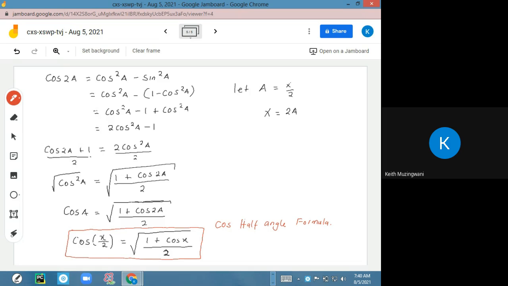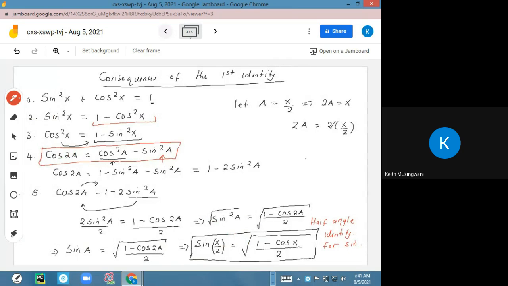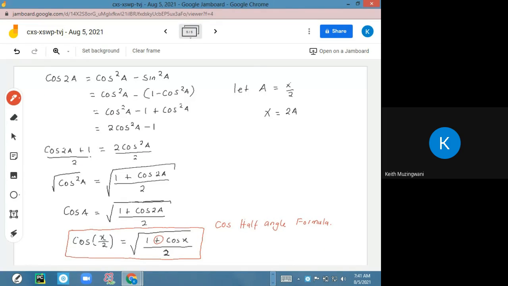Very, very important. The difference is this sign here. If you go to cosine, you find, if you go to sine, you find the sign is negative. For cos, it is positive. Everything else is the same.